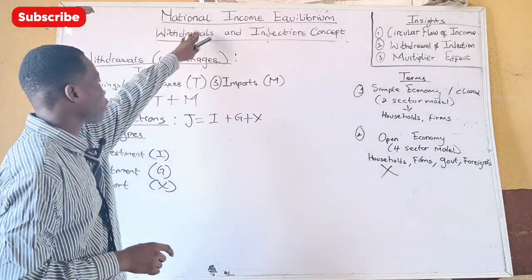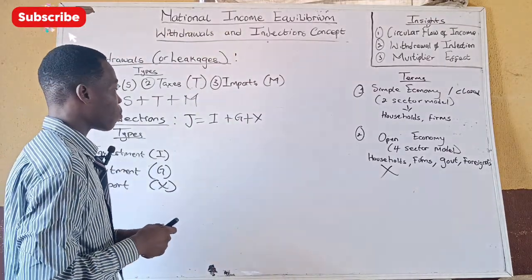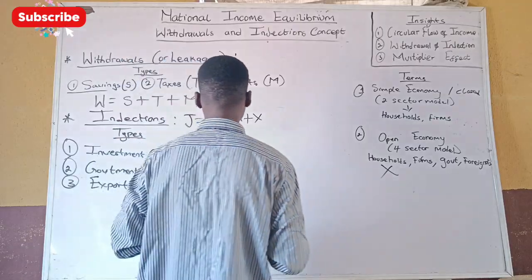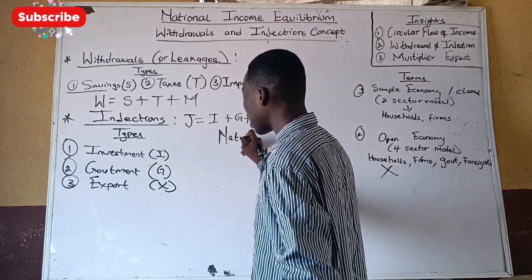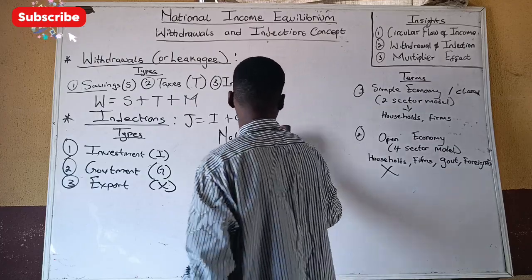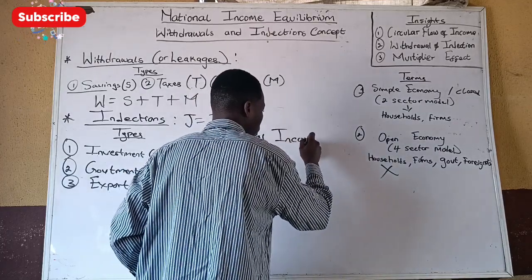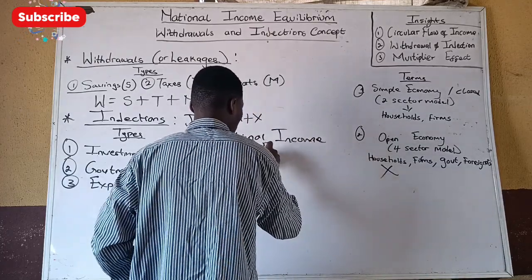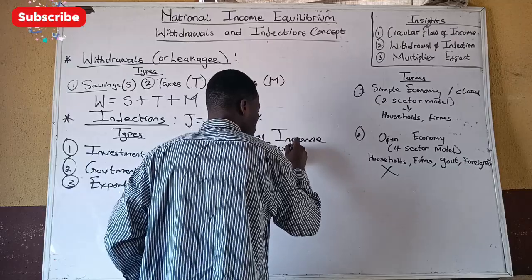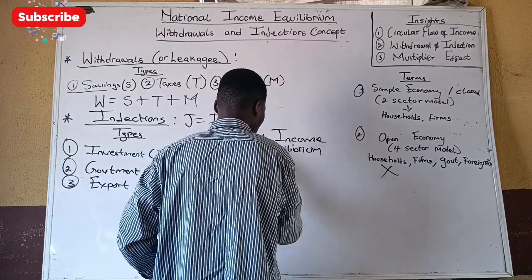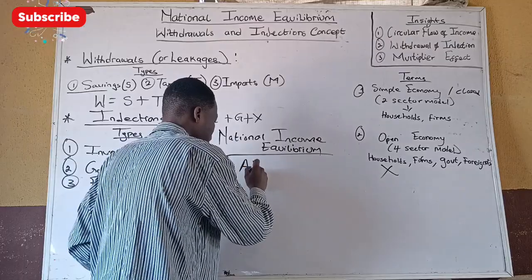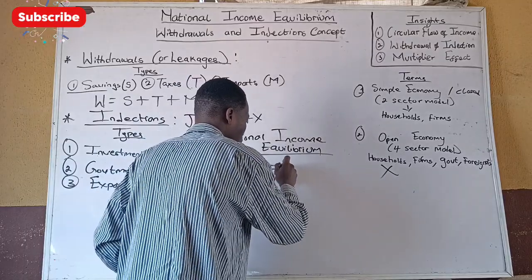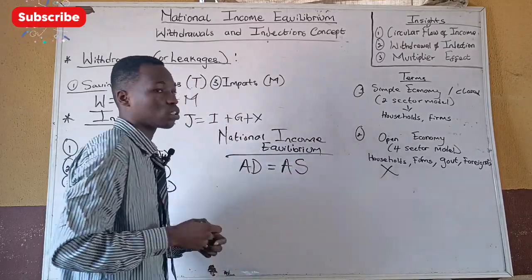So we can now explain the national income equilibrium. The national income equilibrium states that aggregate demand is equal to aggregate supply.